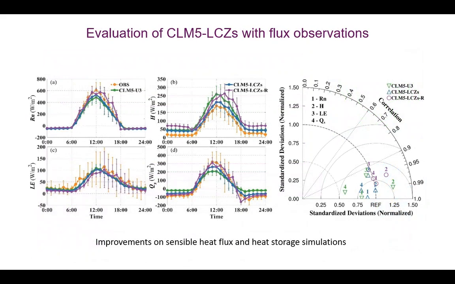First, we take a look at the flux observations. After we consider local climate zones in our simulation, we have improvements mostly in sensible heat flux and heat storage simulations. As shown, the blue line is the new model simulation and the orange line is the observation.